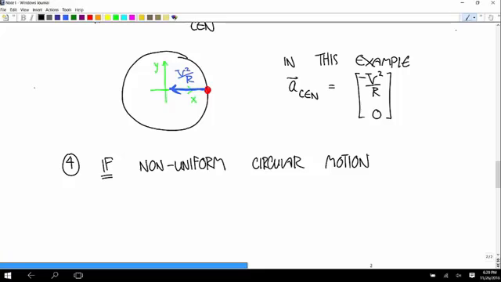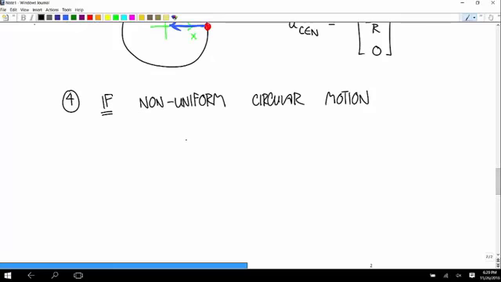You don't have to worry about it if the speed's constant, but you do have to worry about it if the speed's changing. So then draw the tangential acceleration based on whether the object is speeding up or slowing down.